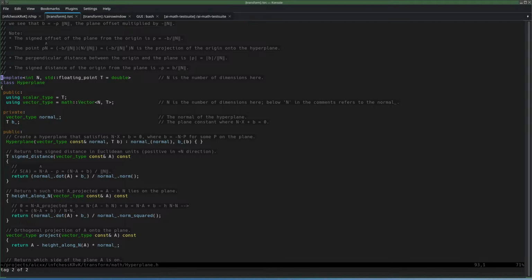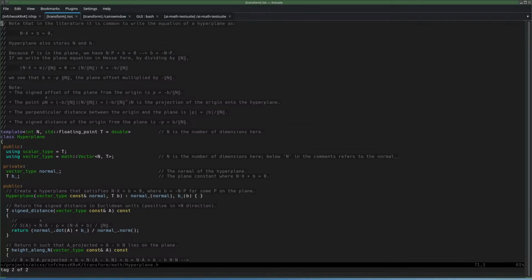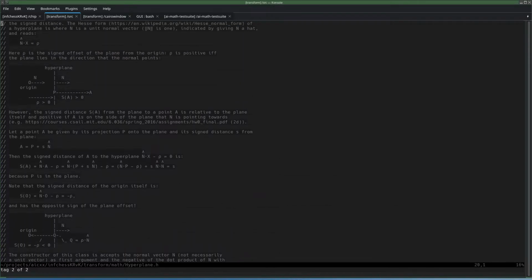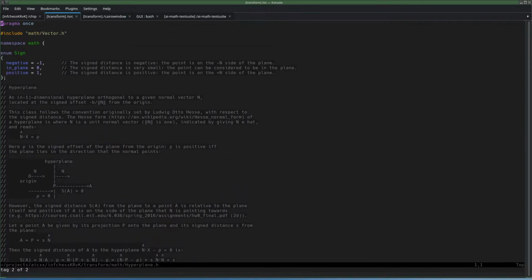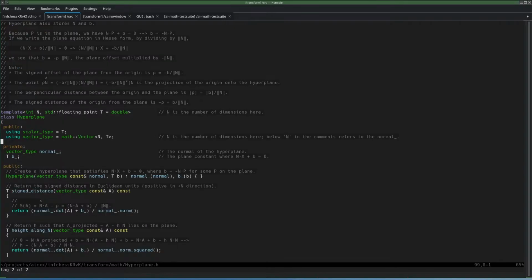I'll have an N. Yeah, this is n minus one dimensional, but we are working in one higher dimension apparently. Which makes sense, otherwise I wouldn't call it a plane.